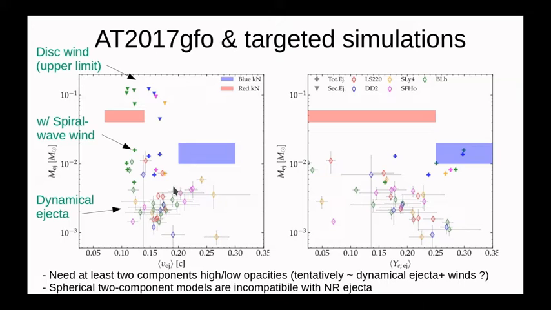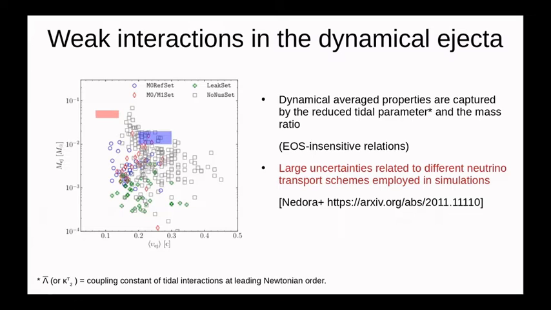So it is not immediately possible to interpret this two-component fitting model as the ejecta that we actually observe in simulations. And of course, this suggests that we need improved models, both on the simulation side and on the Bayesian analysis side. One important aspect in the simulation is the model of weak interaction.